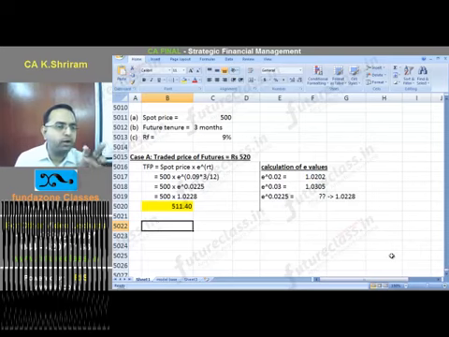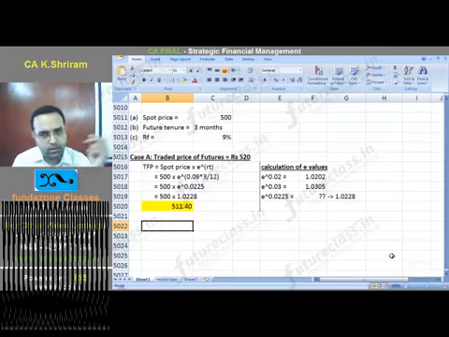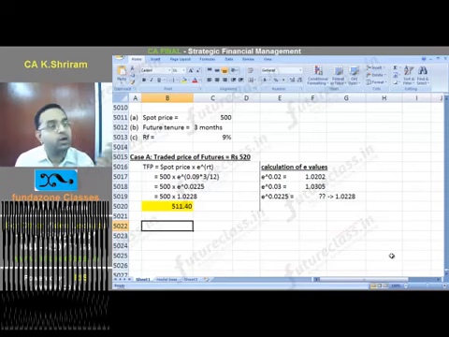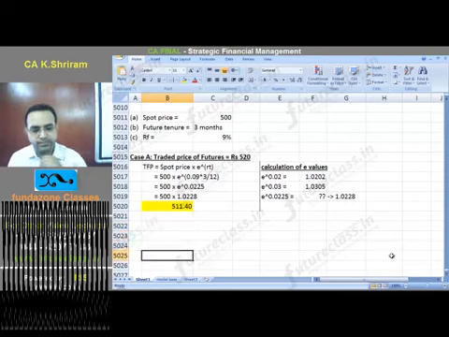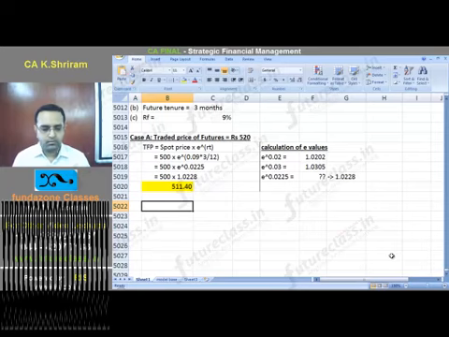What does 511.4 represent? Today's expectation of the third month end price based on today's spot price. Always remember, when we are doing compounding and discounting, the fundamentals of capital budgeting will remain. It means the reinvestment can happen at this rate.